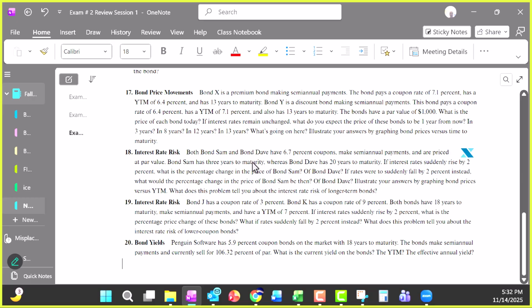Bond Sam has 3 years to maturity, whereas Bond Dave has 20 years to maturity. If interest rates suddenly rise by 2%, what is the percentage change in the price of Bond Sam and Bond Dave? So let's do this.